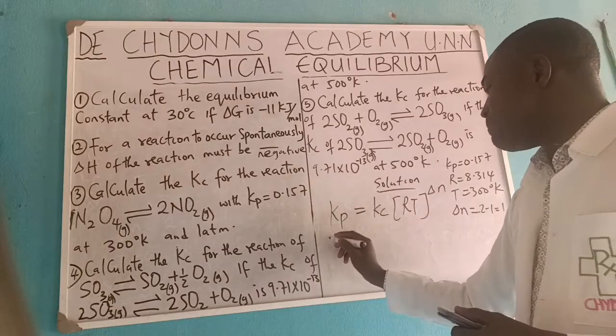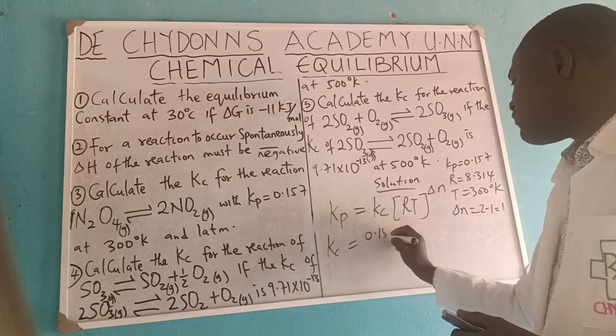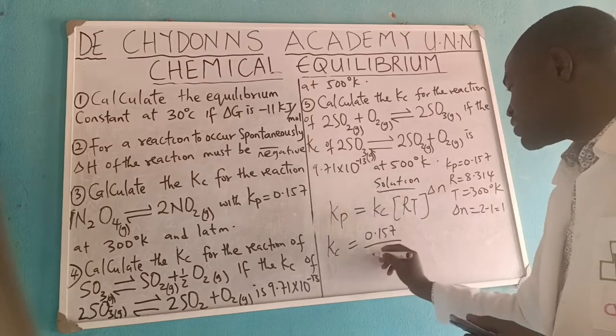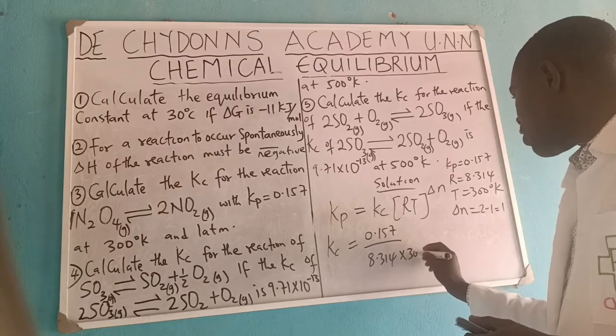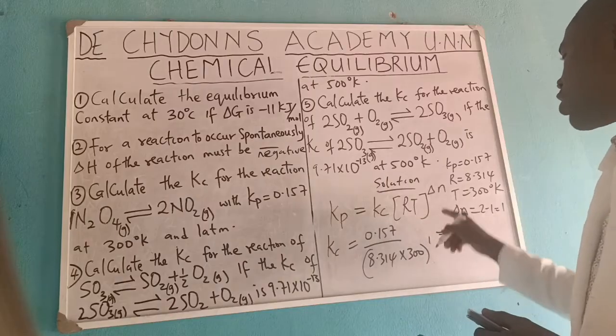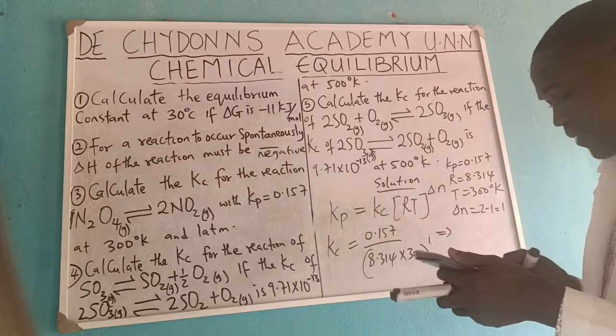That means my Kc, making it the subject of the formula, is Kp, 0.157, all over RT raised to the power of this, 8.314 times 300, all raised to the power of 1, because the power is 1. Okay, I will go by my calculator again.